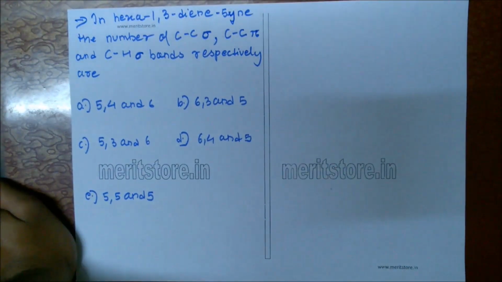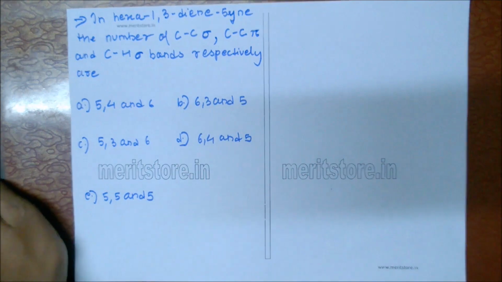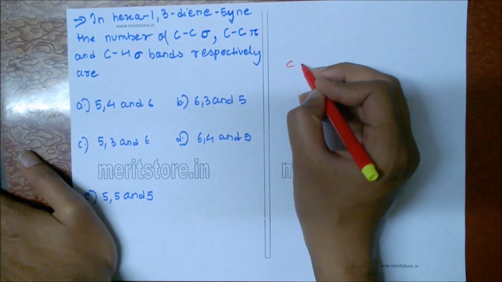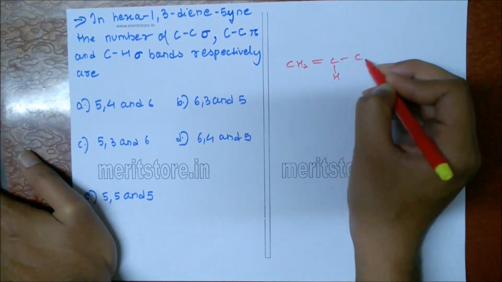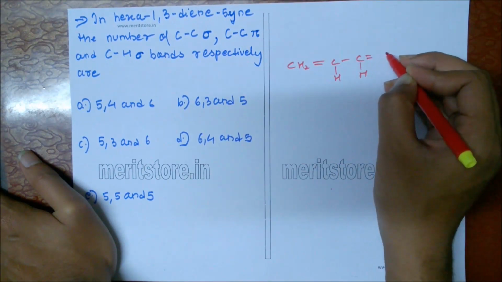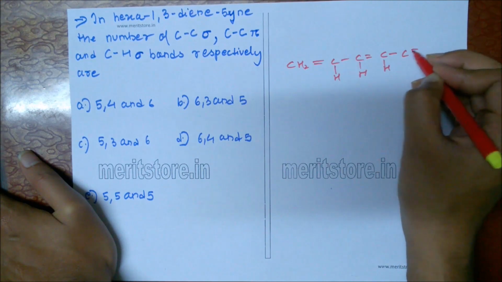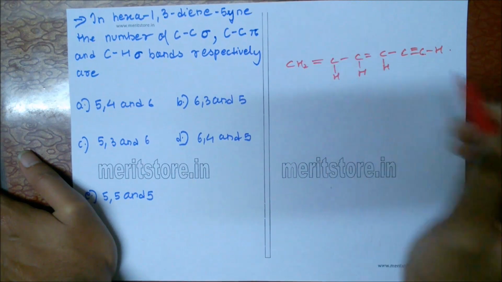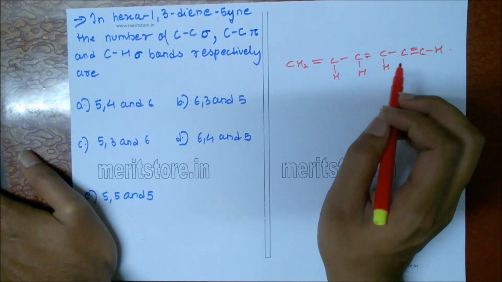In hex-1,3-dien-5-yne, the number of C-C sigma bonds, C-C pi bonds and C-H sigma bonds respectively are: the given molecule will have the structure CH2 double bond CH, CH double bond CH, single bond carbon, triple bond carbon H. So in total there are 1, 2, 3, 4, 5, 6 carbons.